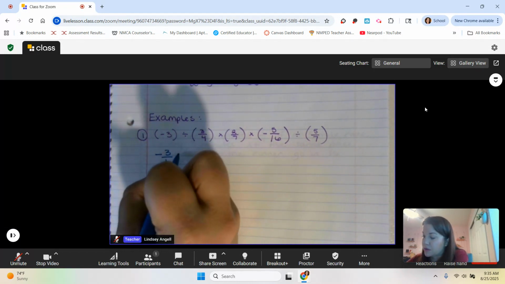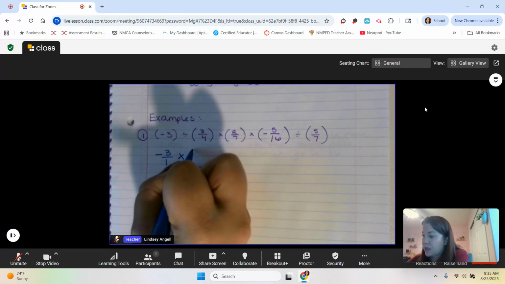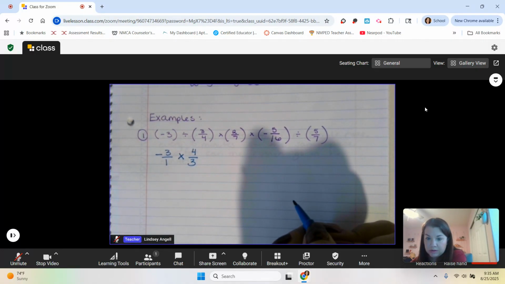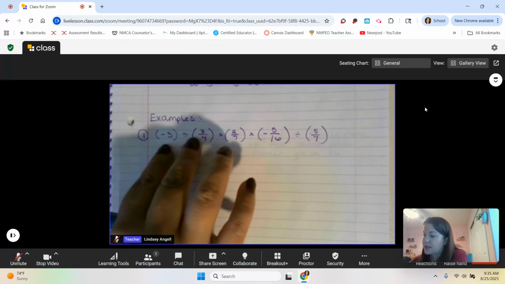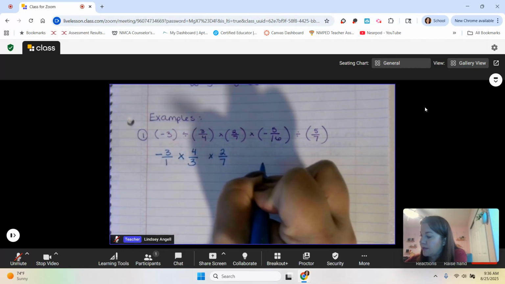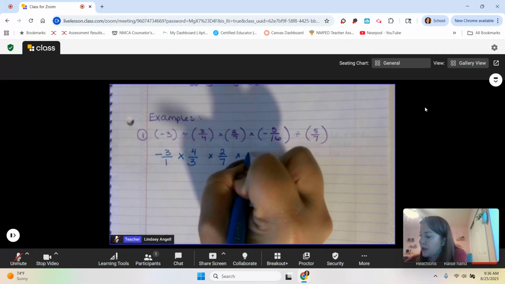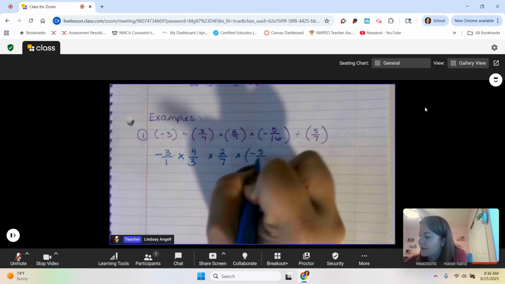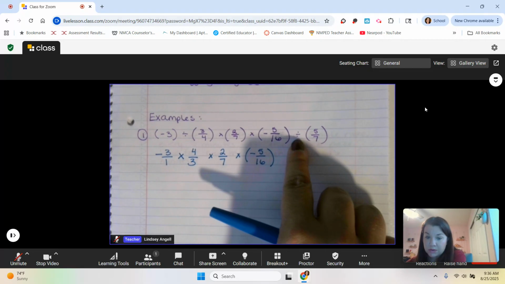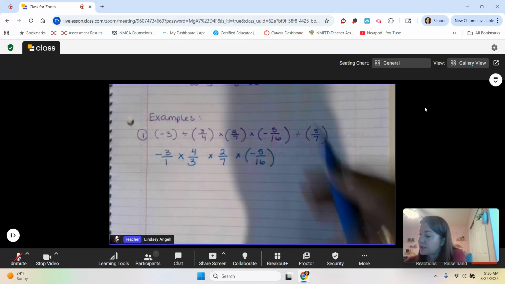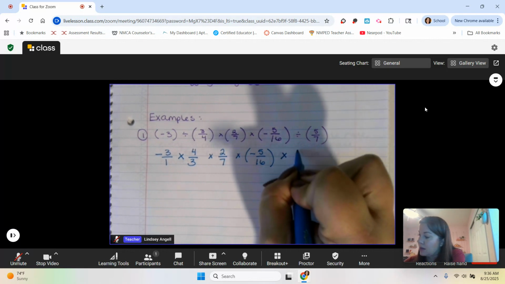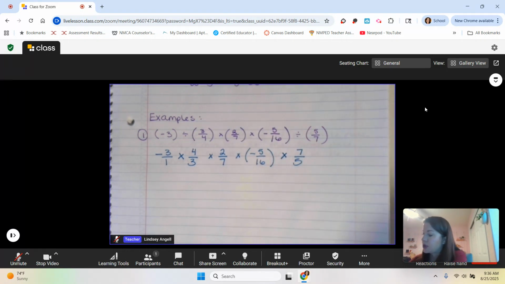I'm going to change my symbol, and I'm going to flip my second fraction. Okay, same, change, flip within that division. All of that is being multiplied by 2/7, which is being multiplied by negative 5/16. Oh, look at that, we've got division again, so we can do same, change, flip. I'm going to leave my first one the same, change my symbol to multiplication, and flip my second fraction.